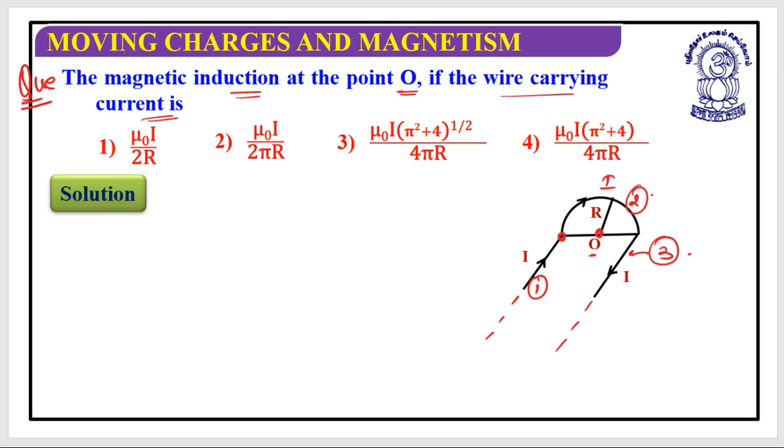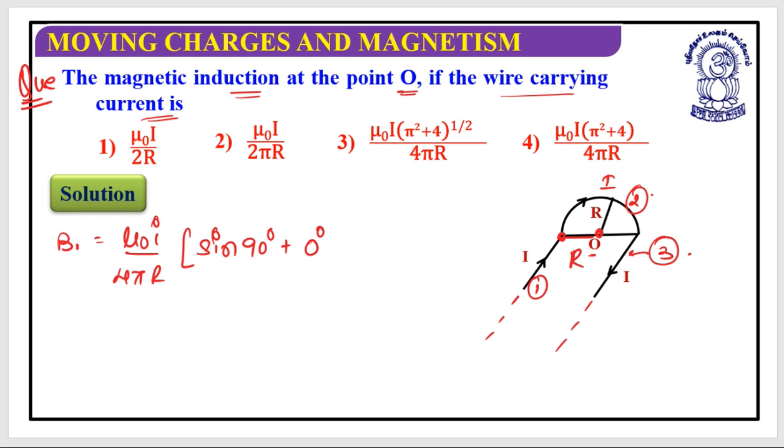So let's write down the value due to the first, second and third, and then we are doing the same thing that we have done in the previous questions as well. So let's work for B1. As I understood, this is a semi-infinite wire, and for the semi-infinite wire I can have it as mu naught I by 4 pi r, multiplied by sine of 90 degree, because it is coming from infinity, and this angle would be 0.